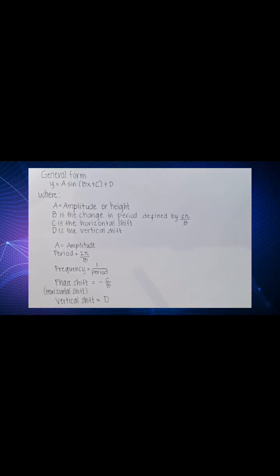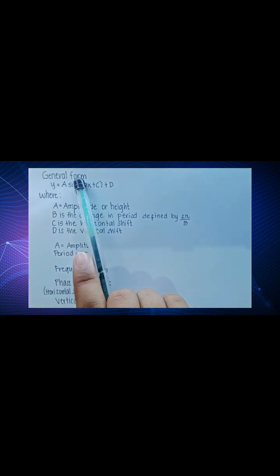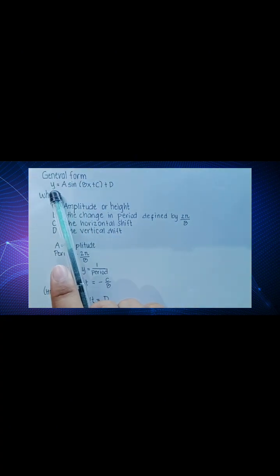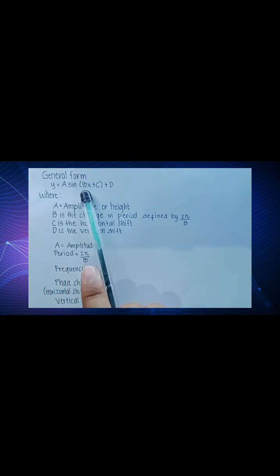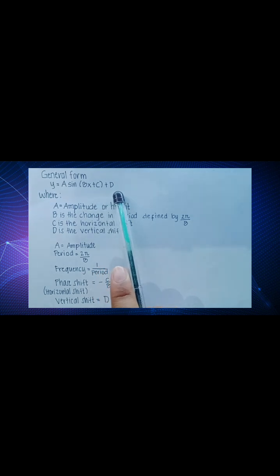So next, the general form. The general form of a sinusoidal wave is y equals a sine open parenthesis bx plus c close parenthesis plus d, where a equals amplitude or height, b is the change in period defined by 2 pi over b, c is the horizontal shift, and d is the vertical shift.